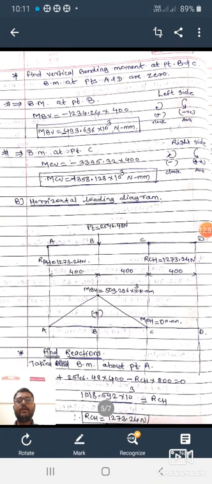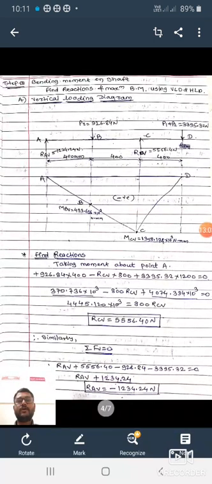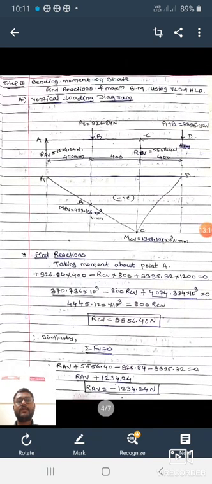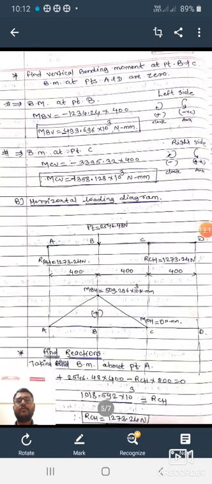Then next, the bending moment at point C. For the bending moment at point C we have to consider the right side forces, and for right side forces we consider clockwise as negative. So MCV is equal to the right side force 339.3395.32 into the perpendicular distance, which is 400 mm.